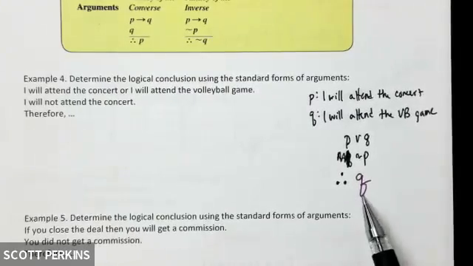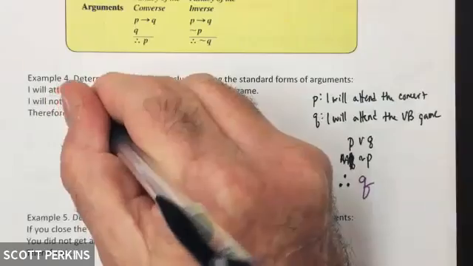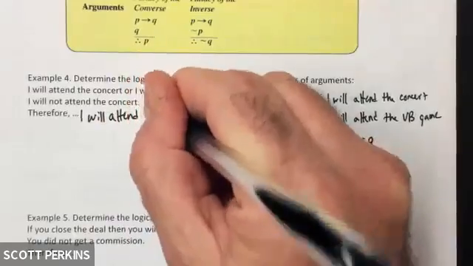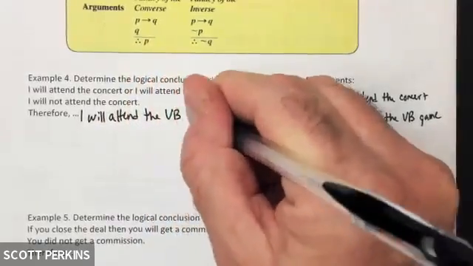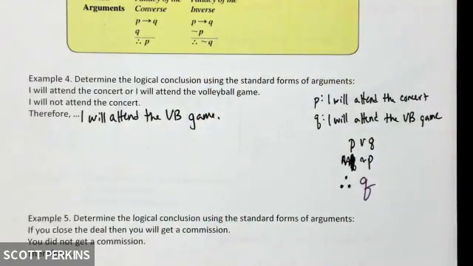So therefore, just Q. And what is Q? Therefore, I will attend the volleyball game. And we're done. So it's just getting comfortable using the arguments in a different way. That is the purpose of the problem, just to give you a little more experience using them.